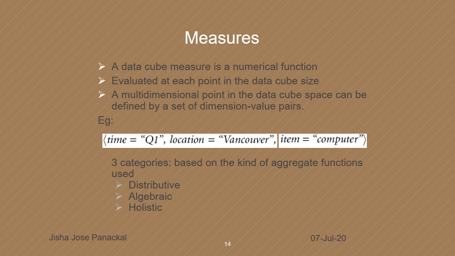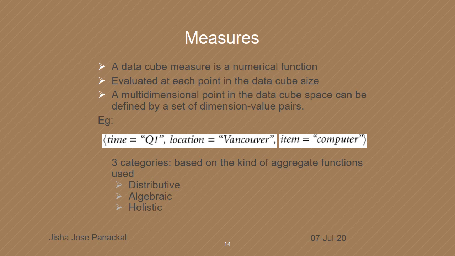For example, time quarter 1, location equal to Vancouver, item equal to computer. For that particular combination, what is the value? That is the measure we have to mention. If we are using dollars sold or units sold, it will give the value.